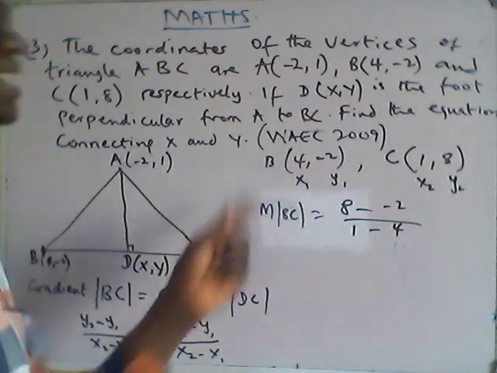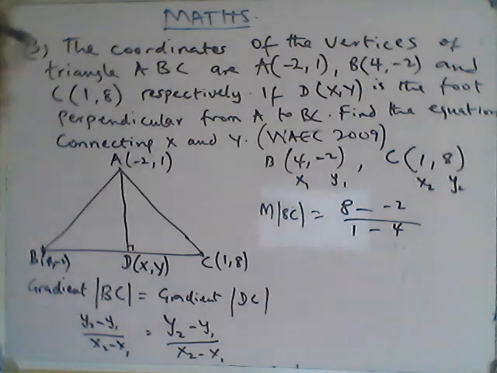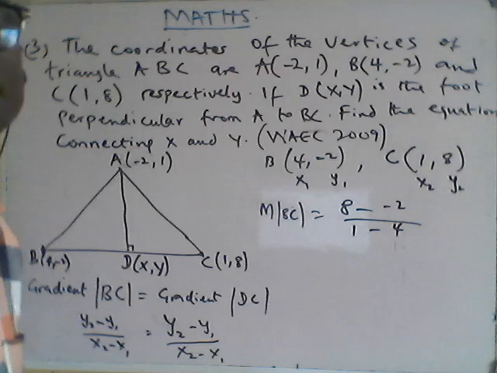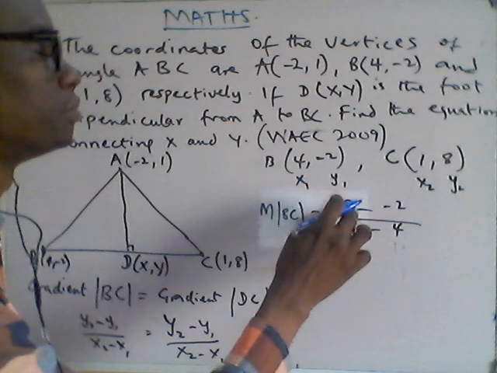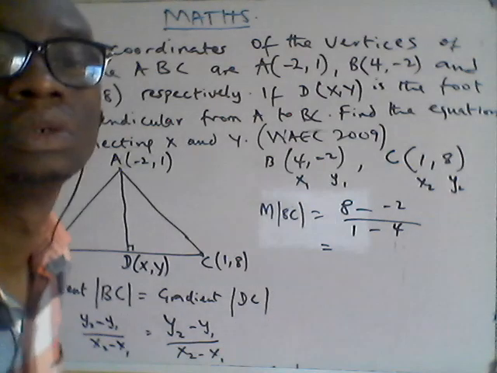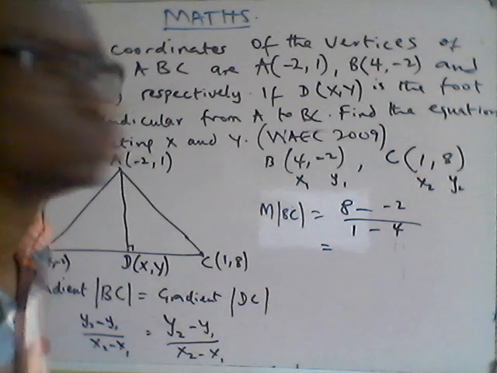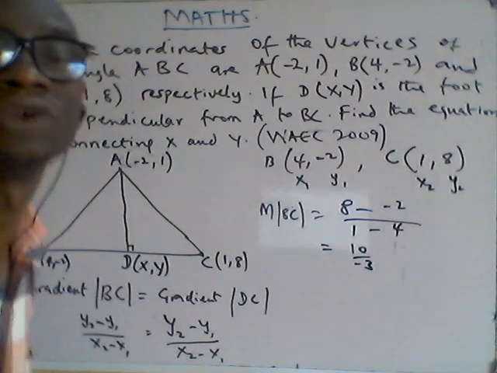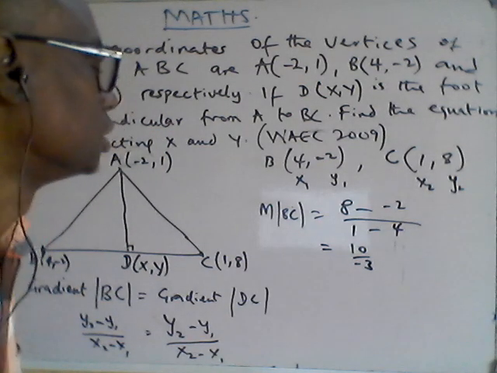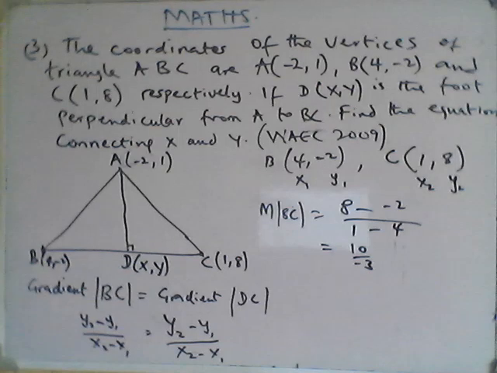Just follow it the way it is. That's why I say write it down first. By the time I do that, I'll be getting 8 minus minus 2, which is 8 plus 2, which is 10, over minus 3. So I've gotten the gradient of BC.